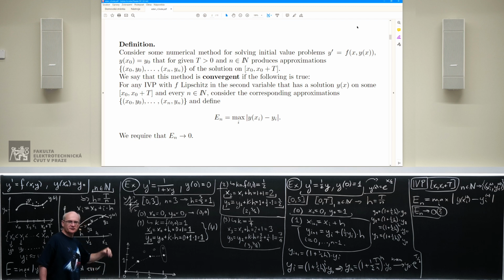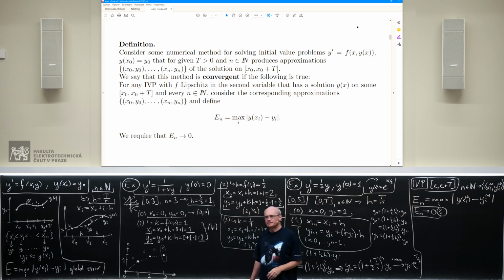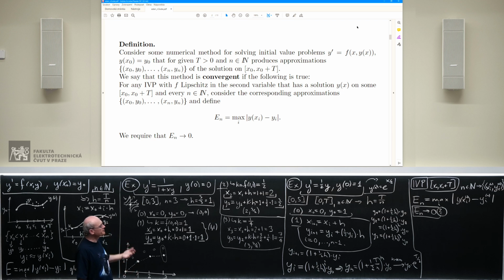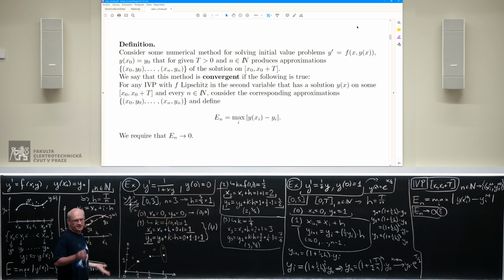That's the requirement for so-called convergence. All the methods that we will mention here will be convergent. The Euler method is also convergent. I am not going to prove it because it will follow easily from another property, and we will come to it relatively soon. Okay? So let's just take this as a mental setup for how we want to measure things.